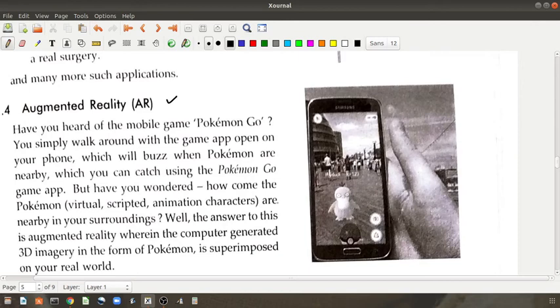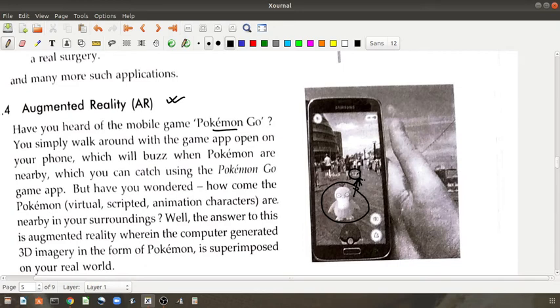Then comes augmented reality. This is something very new. One example is Pokemon Go. Now see, this person has kept the camera on, and whatever is in reality, the scenery, is coming as the real one around, and this part has been virtually added. So basically what the software is doing is fixing a point, and suppose the Pokemon is here, the computer decides, then the person has to run up to this space, and it will say that the Pokemon is here, so you got the Pokemon.